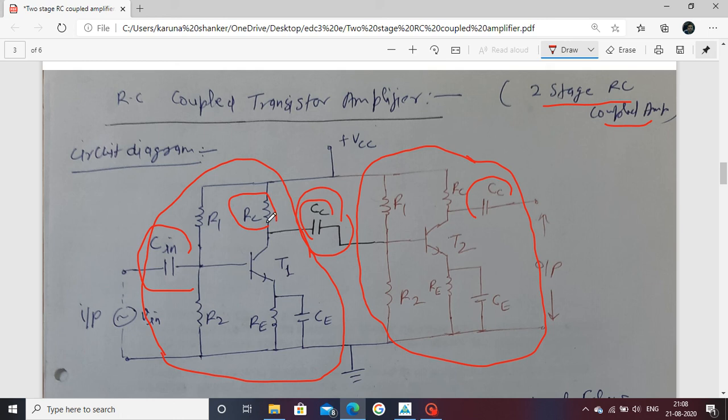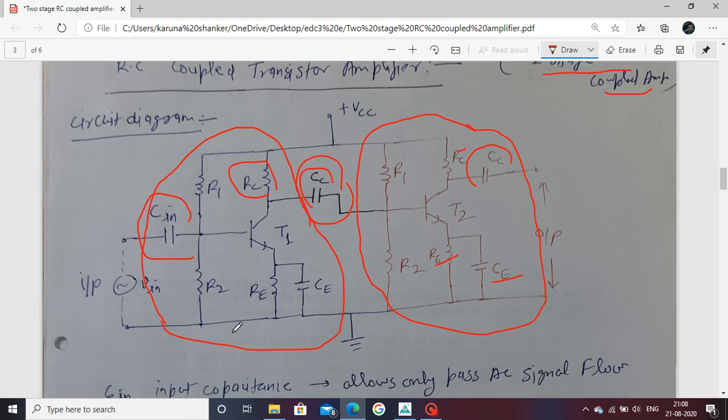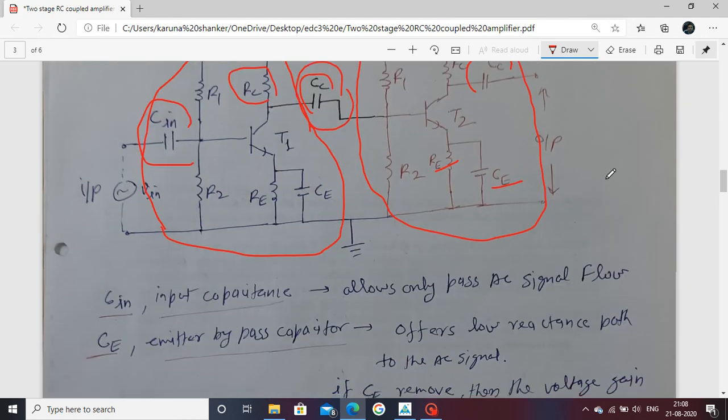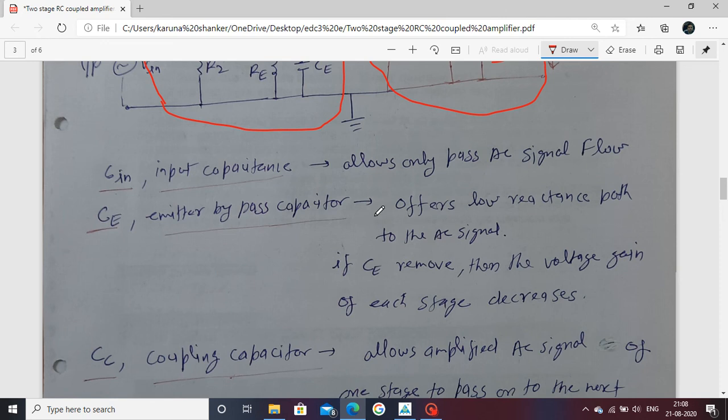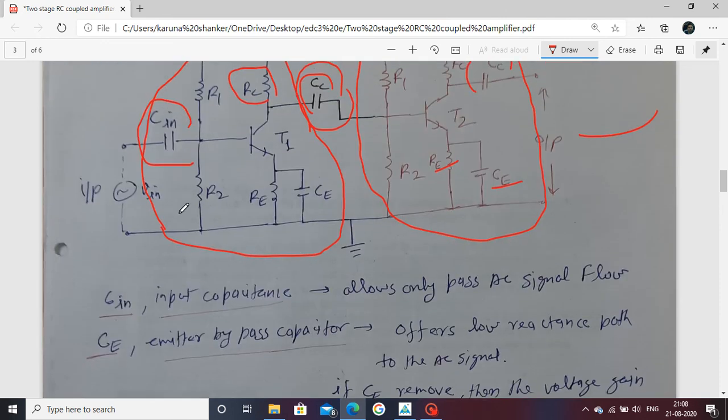RC is the collector resistance and RE is the emitter resistance. CE is your emitter bypass capacitor. Similarly here also RE, CE and RC. You see here the input is applied here, and the output is taken on this side.